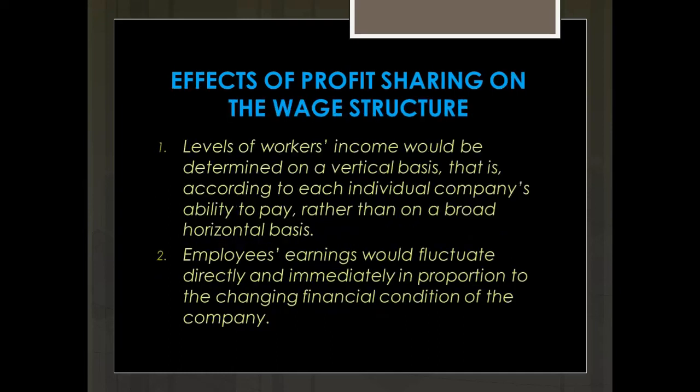Okay? So, effects of profit sharing on the wage structure. So, levels of workers' income would be determined on a vertical basis. Vertical, paakyat, straight. That is according to each individual company's ability to pay rather than a broad horizontal basis. Okay? And then employees' earnings would fluctuate directly and immediately in proportion to the changing financial condition of the company.